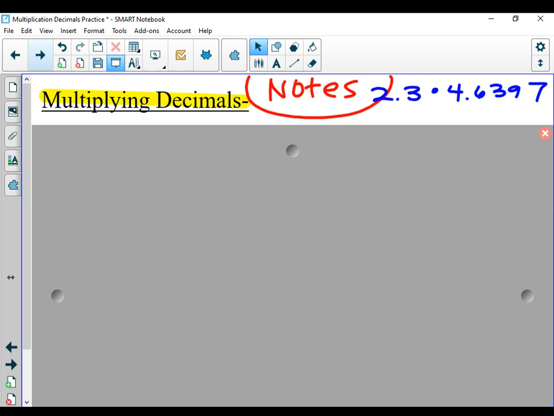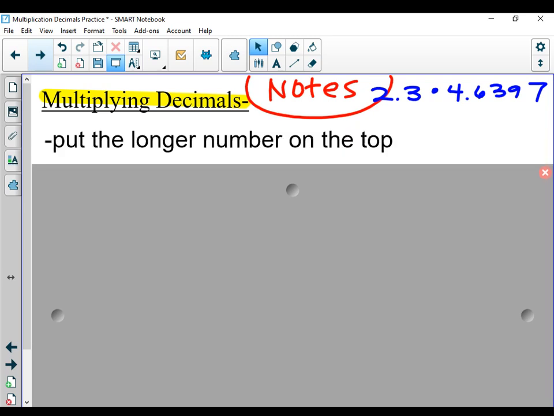The top of page 5 says multiply decimals. First thing we need to know, put the longer number on top, not necessarily the bigger one. Whatever one has more digits in it.